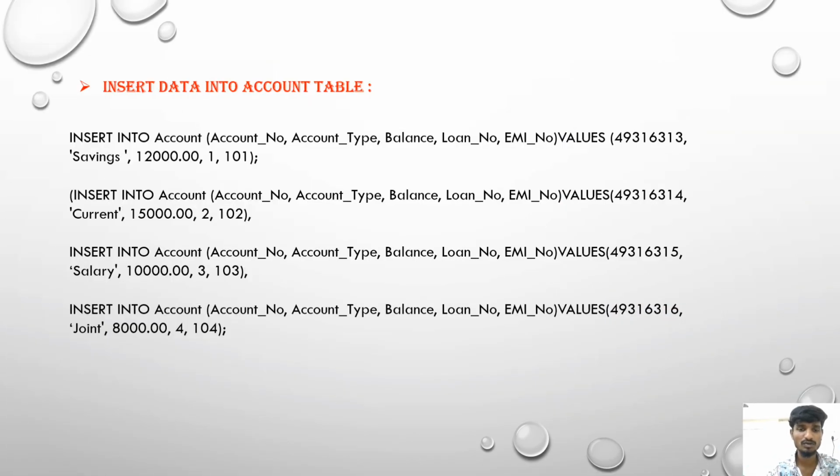Inserting values into the account table: first is account number, account type, balance, loan number, EMI number. These values are given in the loan table as well as the EMI table, so the same numbers are used here also.